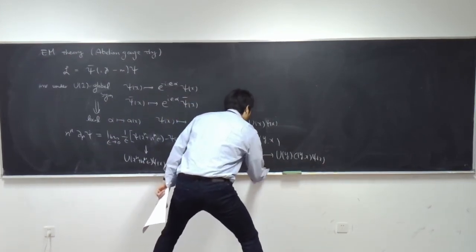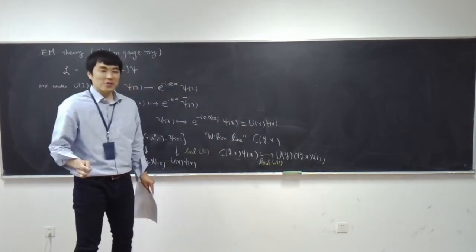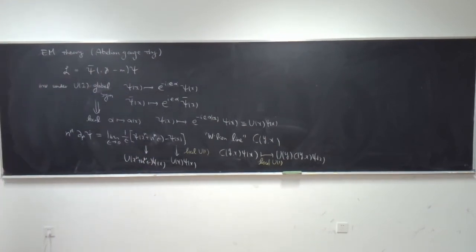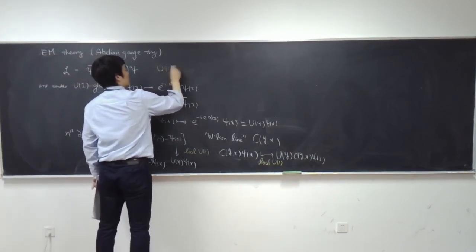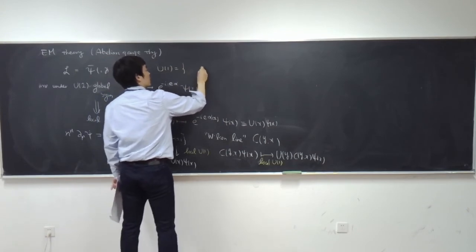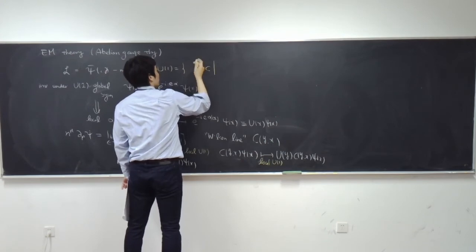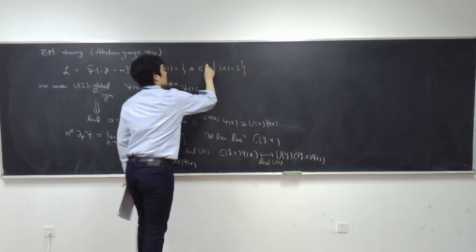Oh, by the way, do you understand what the U(1) symmetry means? Do you understand the definition of U(1)? I hope you do. So U(1) is some complex number c such that the norm of c is 1.